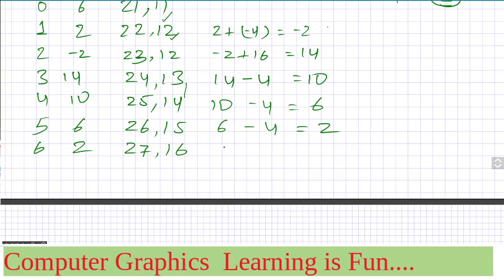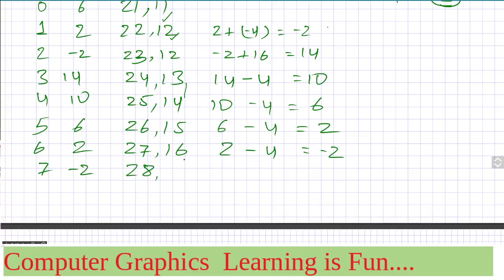Now it will be 2 minus 4, which is minus 2. So in the 7th iteration it is minus 2, so it is negative and it will not increase. Then it is minus 2.